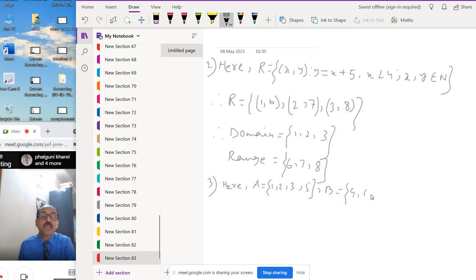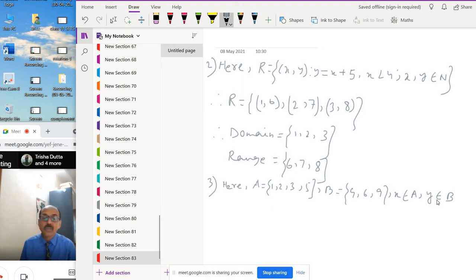And x belongs to A and y belongs to B, which means the elements of x come from set A and the elements of y come from set B. Now find R, and remember that the difference must be odd.